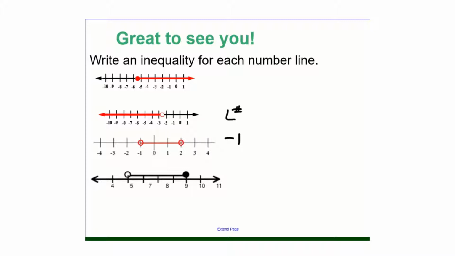That's the smaller number. 2 is the bigger number. And so we read this as x is greater than negative 1 and less than 2.